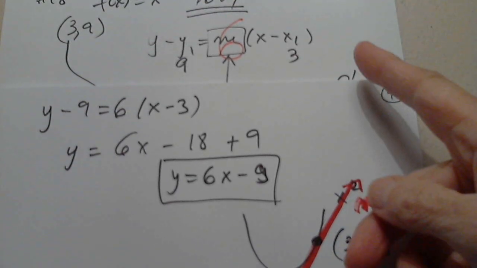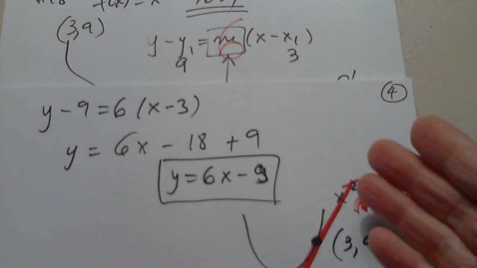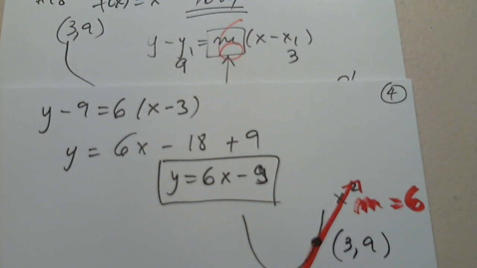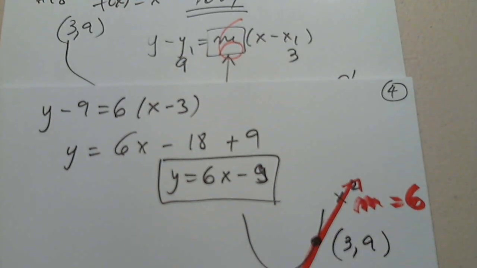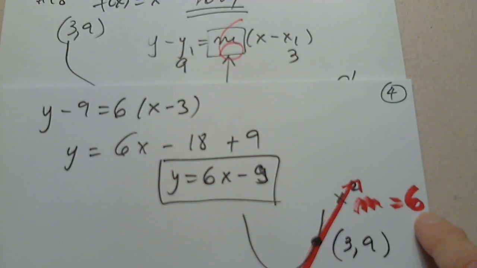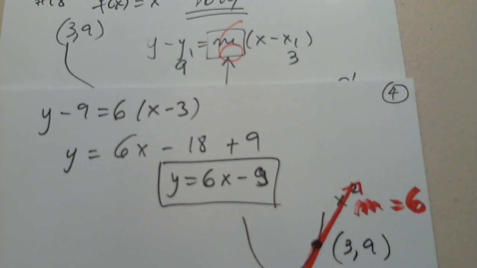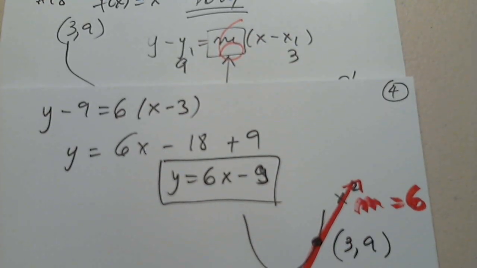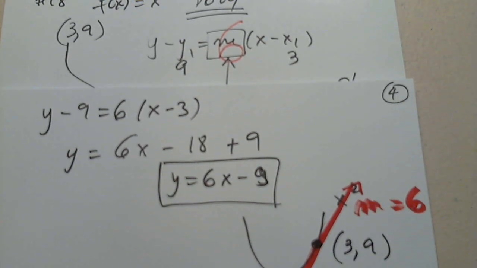So this function at this point is increasing at 6, if it's kilometers, if the function is, let's say, distance. At this point, the speed is increasing at 6 miles per hour, assuming that this is the distance function. That's what it means. Any questions?